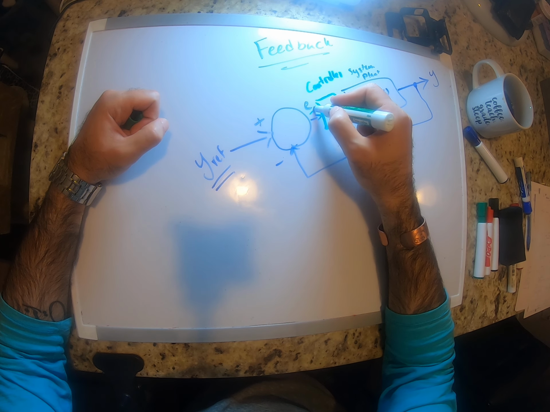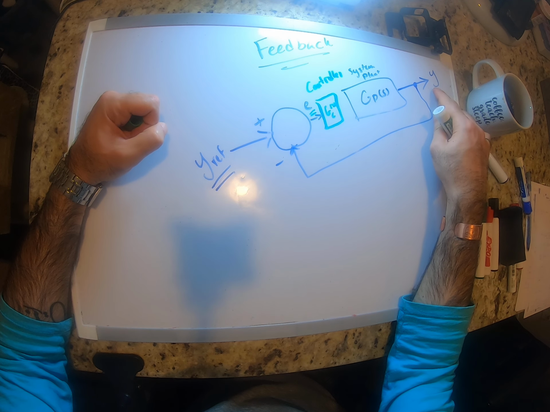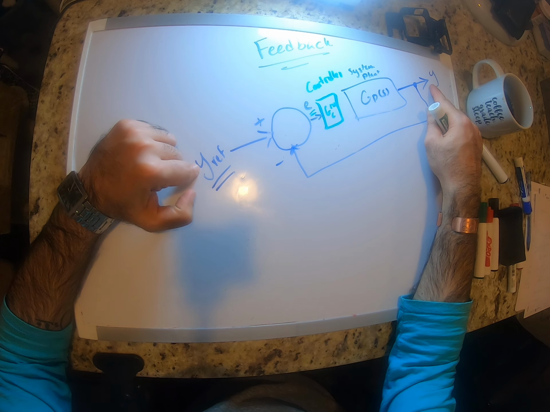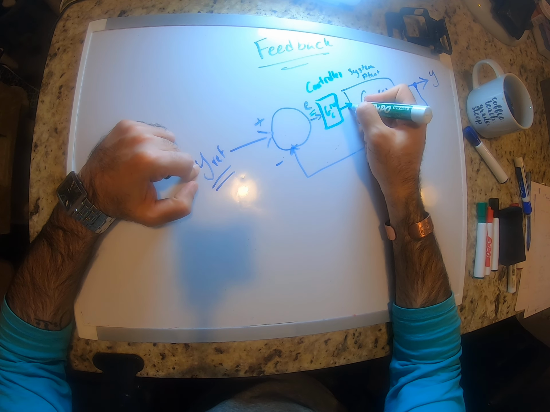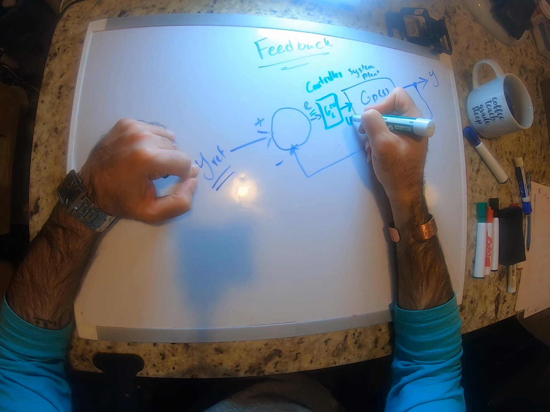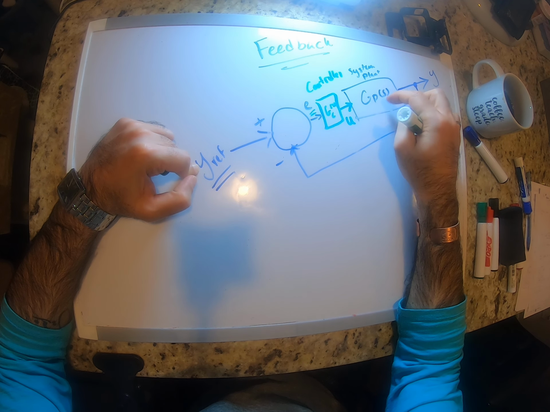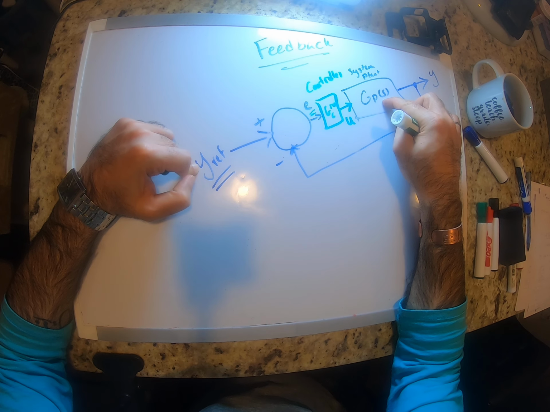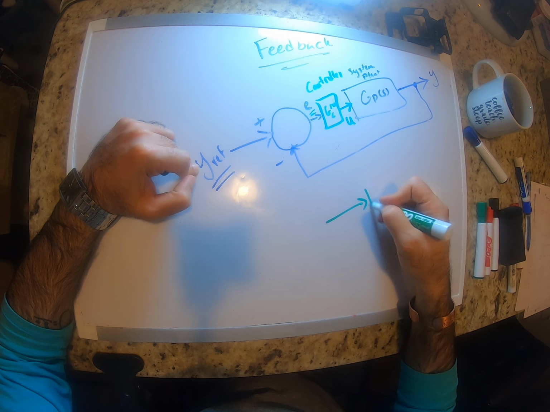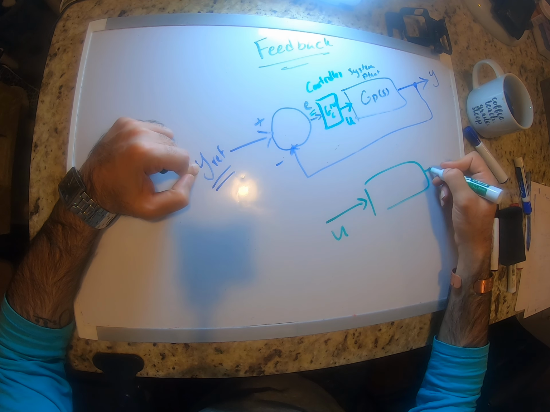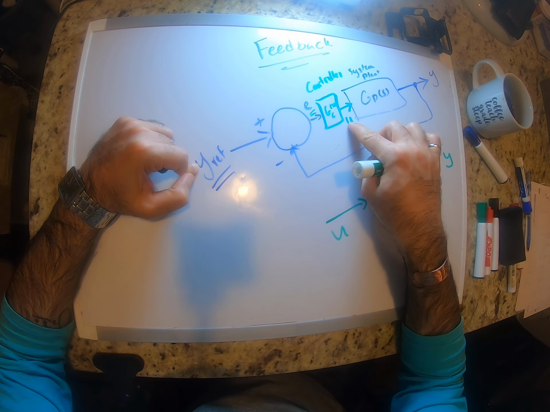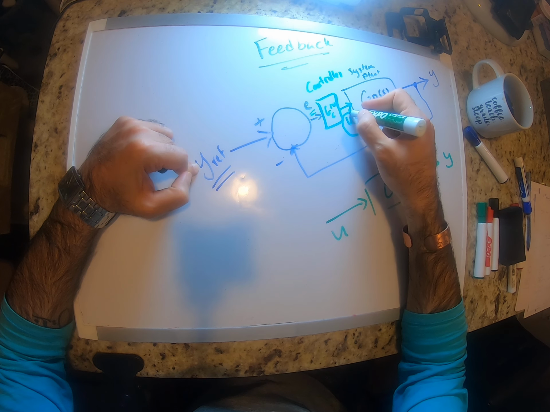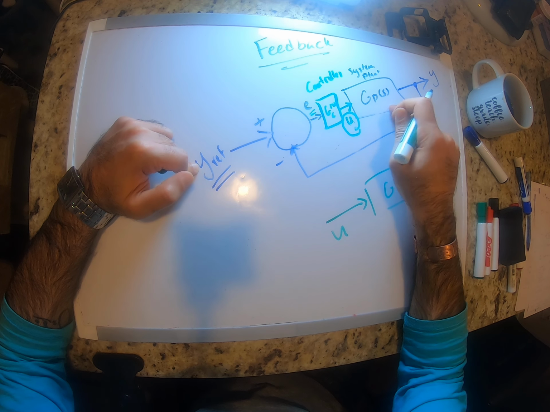that, based on the error value that you have, based on the deviation from the reference output, would provide the correct input to your plant. So instead of having just a system like this that takes U and Y, now we're going to have a variable input to our plant.